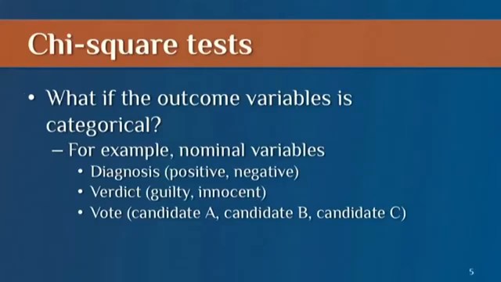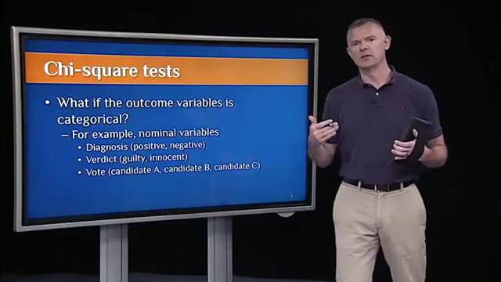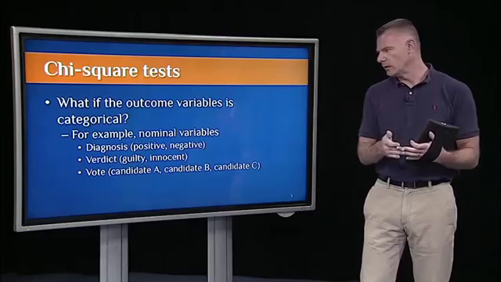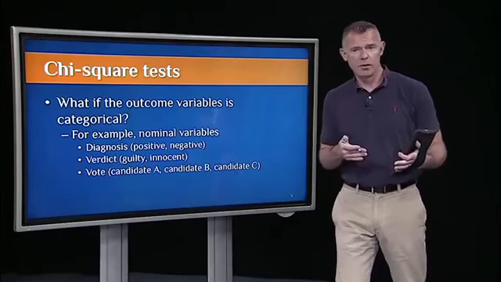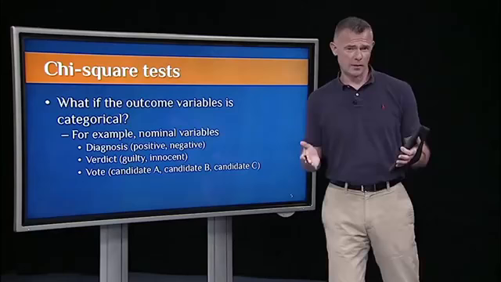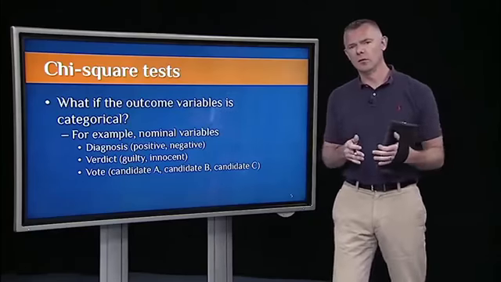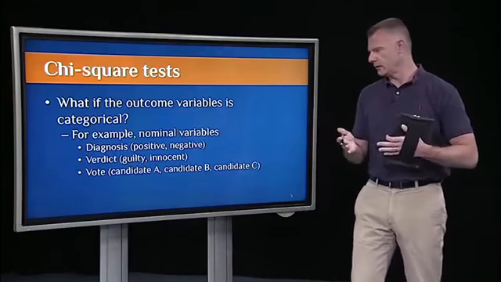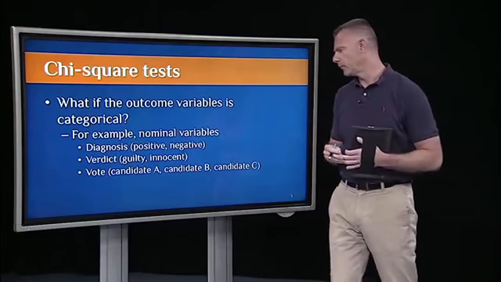If we go back to the beginning of the course, that first lecture, a diagnosis of polio, if we looked at it at the level of individual children, that would just be positive or negative. You're either diagnosed with polio or not. That's a categorical outcome. A place where this type of research is very common is in psychology and law, where we're trying to predict whether a juror will vote guilty or not guilty, or guilty or innocent in a trial.